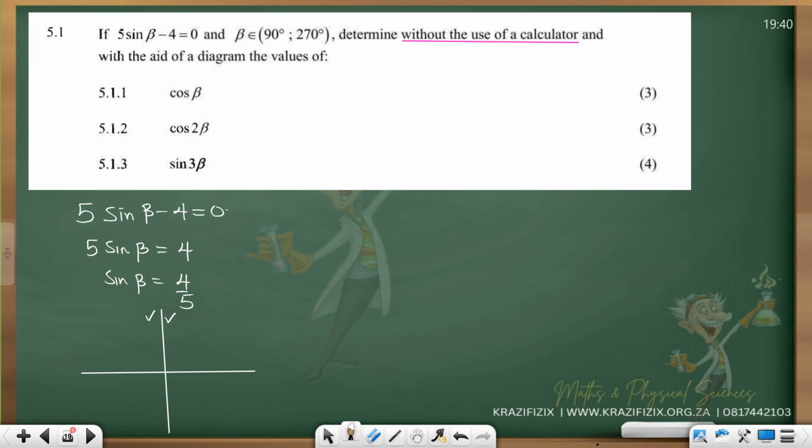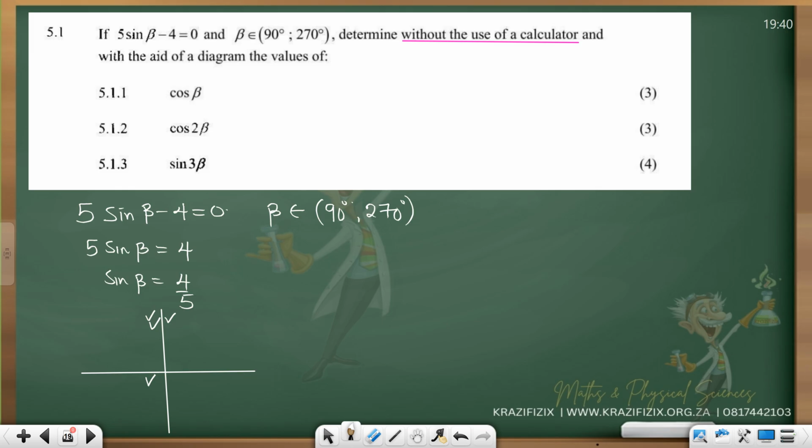Now, but they told you something. They said beta belongs to 90 degrees and 270. What does that tell us? It means we have left quadrant 1 because we are saying the angle is bigger than what? 90. We are in quadrant number 2 and quadrant number 3.